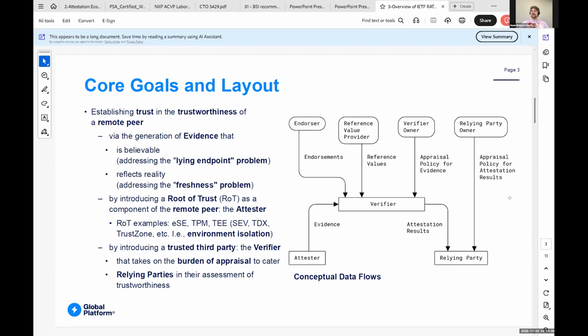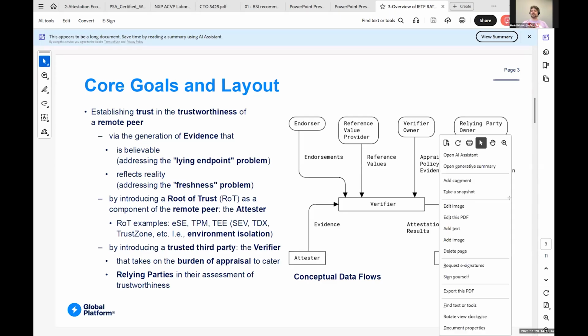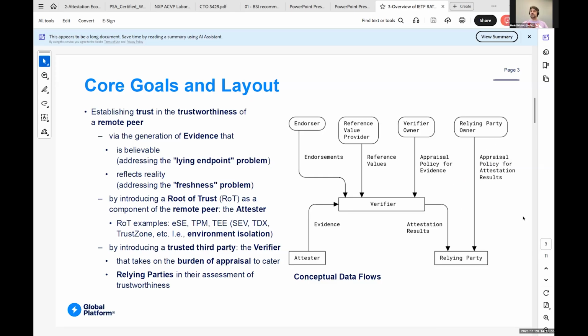This is the diagram that took about 5 years to settle, to simplify, without getting too complex, or too minimalistic maybe. And the real goal here is to enable a relying party to put some trust in the trustworthiness of a remote peer, here in this diagram, the attester.